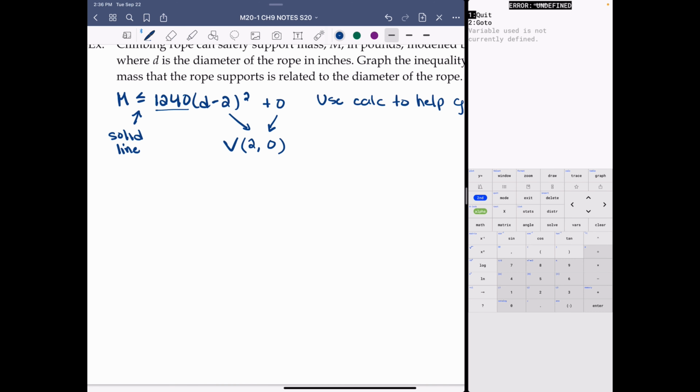It's not currently defined, so I'll exit and fix the window. I'm gonna go 0 for my y min, and our a value is 1240, so I'm going to try 1,000 for my y max, and go up by hundreds for my scale. And there we go. Okay, so that's a decent picture.